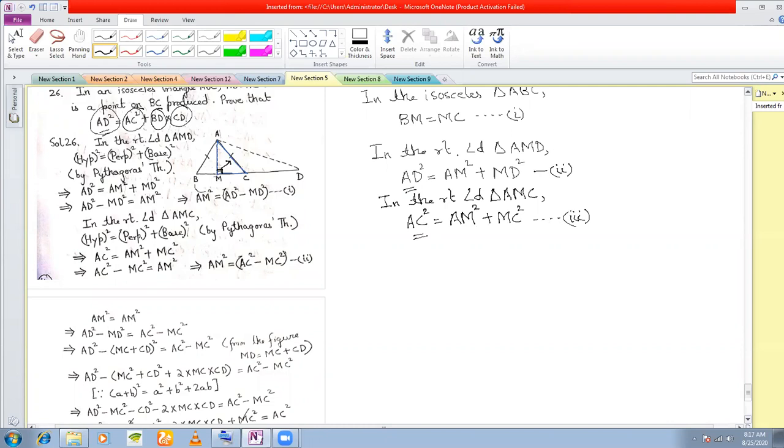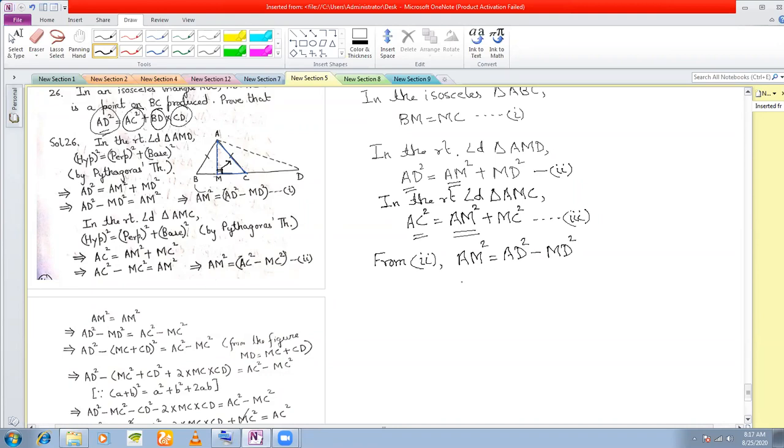So my first aim here is that I see that AM is common to both this, so I will try to remove this AM. From 2, I can write AM square is equal to AD square minus MD square.